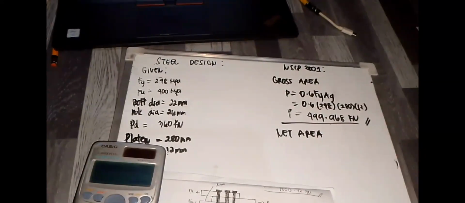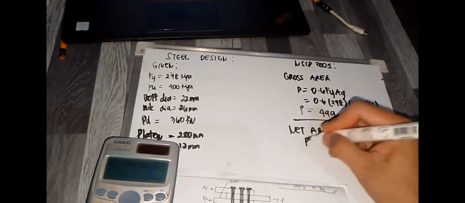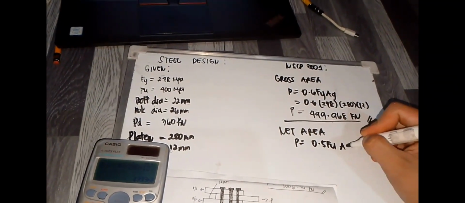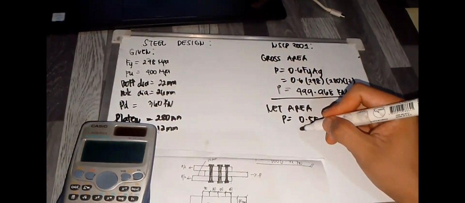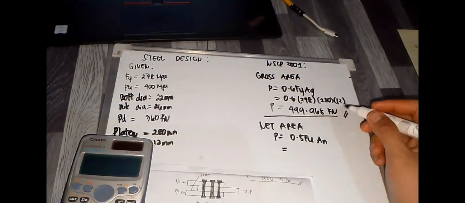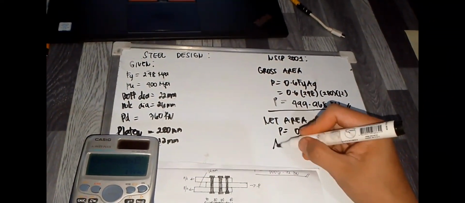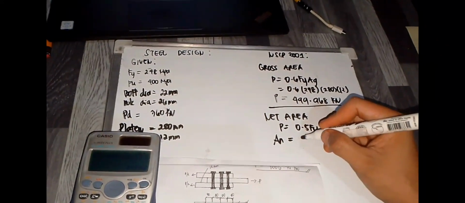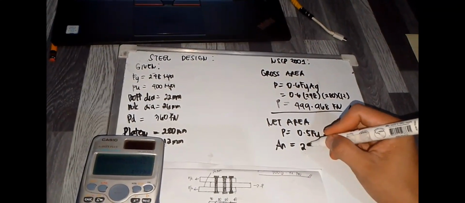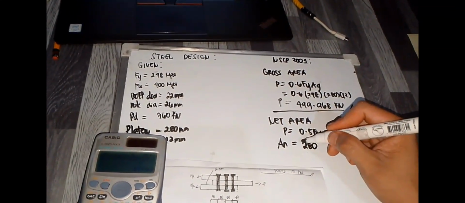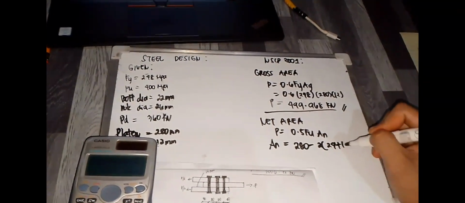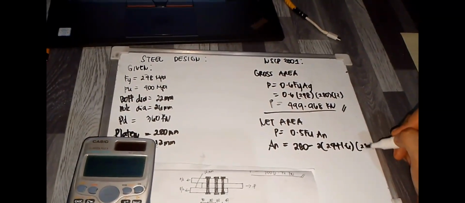So for net area, the formula is P is equal to 0.5 Fu An. First we must find the net area since Fu is given. So the net area is equal to 280, which is the width of the plate, minus 2 times 24 plus 1.6 times 22.